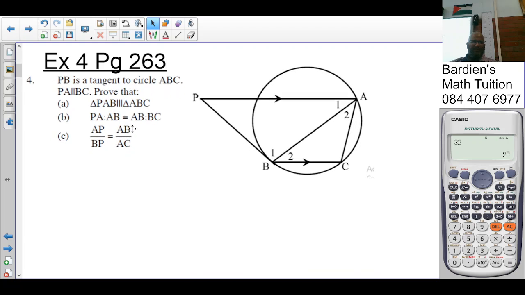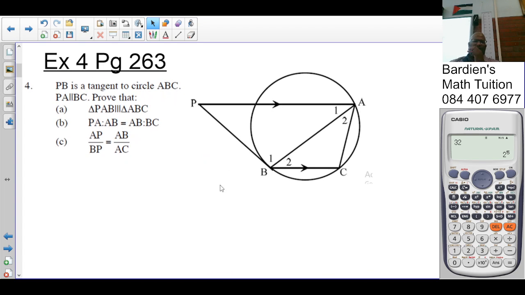So here we are told, in number 4, that PB is a tangent to a circle. So if this is a tangent, what do we know? B1 is equal to angle C. Why? Tan chord theorem.